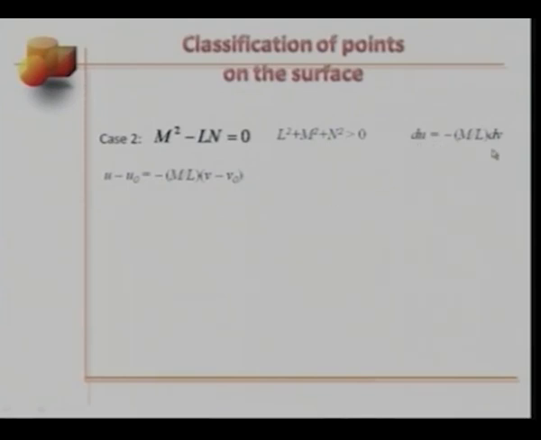So this expression here is u minus u0 equals minus m over L times v minus v0. Physically, the tangent plane would intersect the surface along this straight line. These points are termed parabolic points.